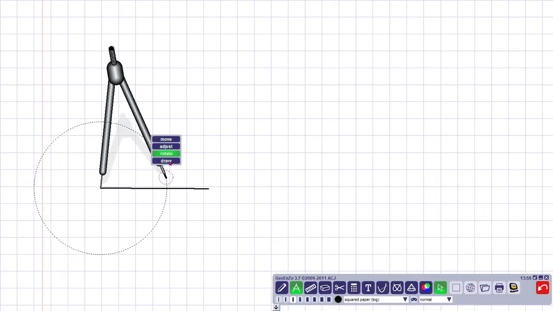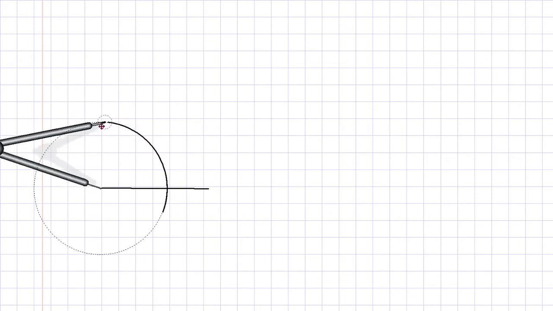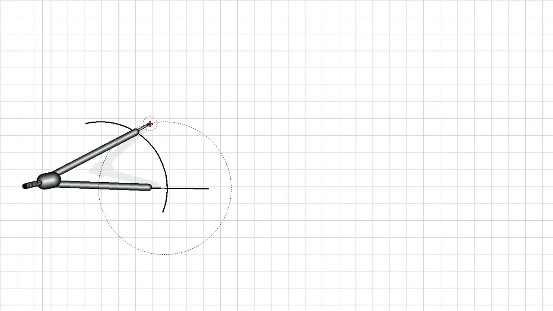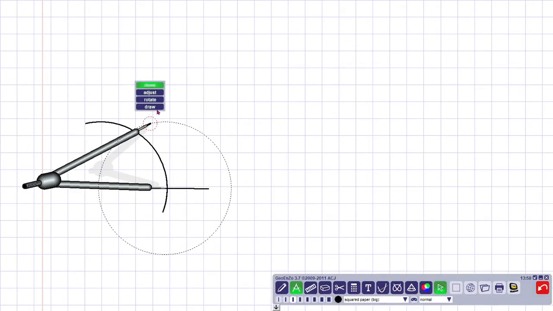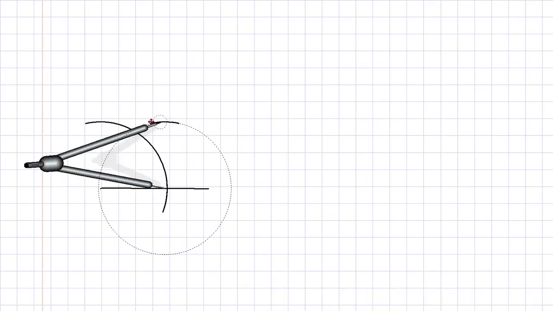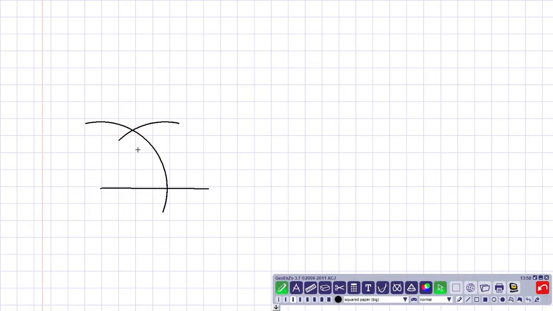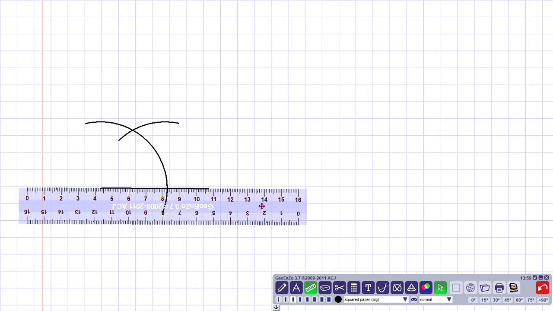Construct the 60 degrees angle this way. Without changing that radius, place the compass here and draw the arc. This is 60 degrees. Now if we join this point and this point, that is 60 degrees.